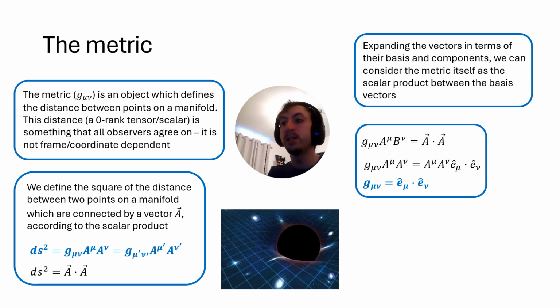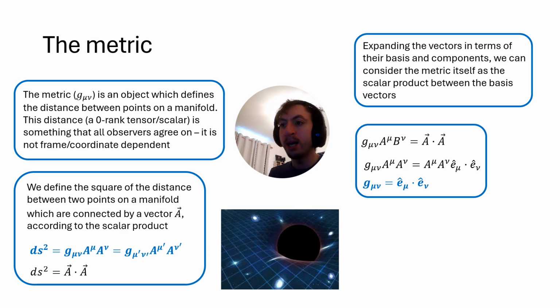So in other words, the components of a metric tensor within a particular coordinate system is equal to the scalar product of the basis vectors of that coordinate system which are attached to the manifold.